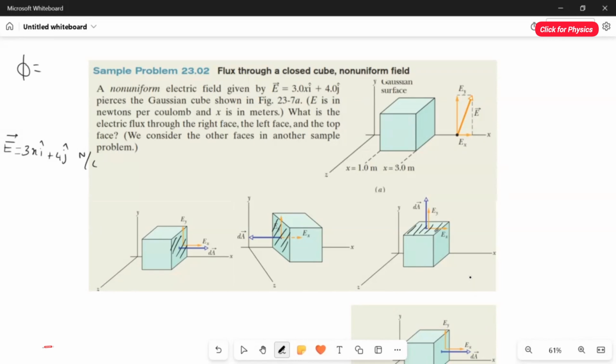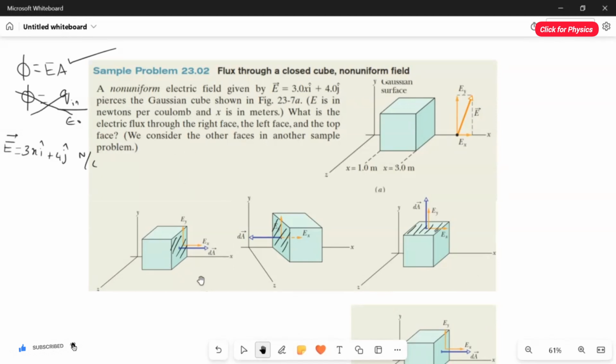Flux phi is equal to electric field multiplied by area, and we also have another rule, phi equal to the charge enclosed in the Gaussian surface, or the charge inside the Gaussian surface, over epsilon naught. But for this question we cannot use this one because the charge information is not given, so I am going to use the first formula for this question.